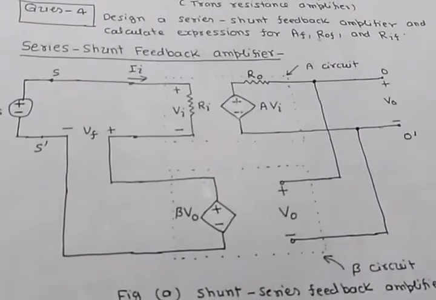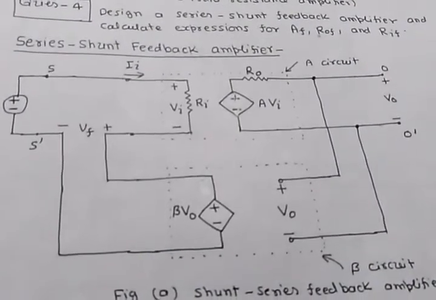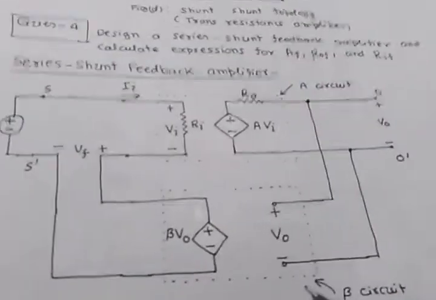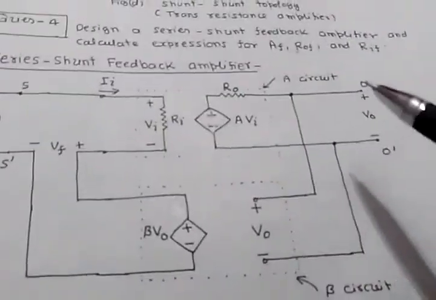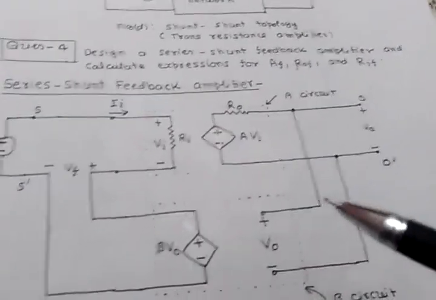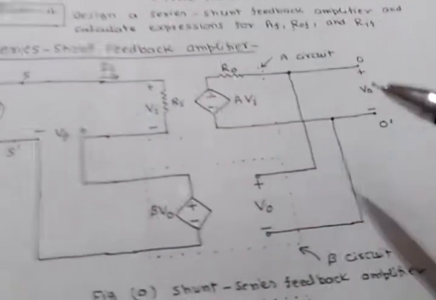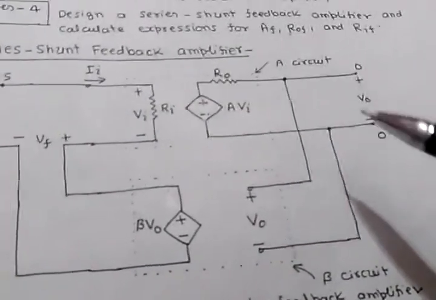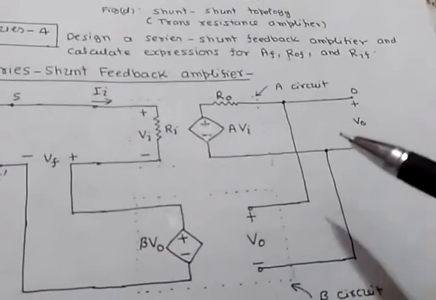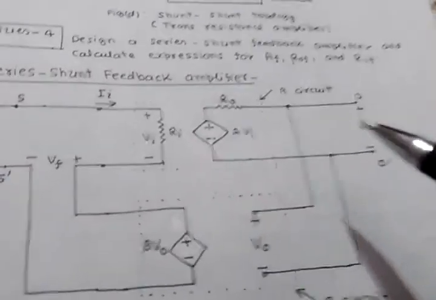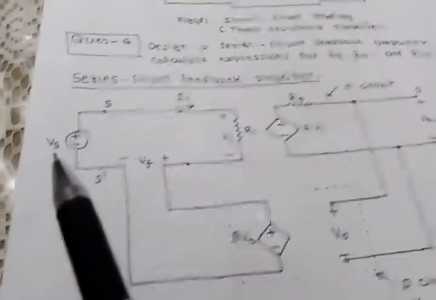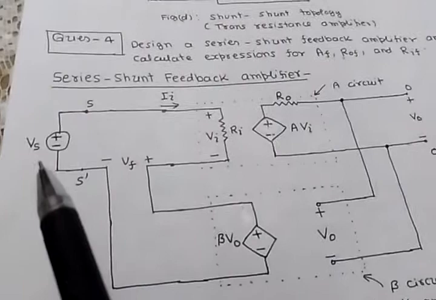Now we will calculate output resistance with feedback. Output resistance with feedback is the resistance seen by the output terminal. To calculate this resistance, we will apply a test voltage source Vt at the output terminal. We will calculate the current supplied by this test voltage source, and we will set Vs equal to 0.